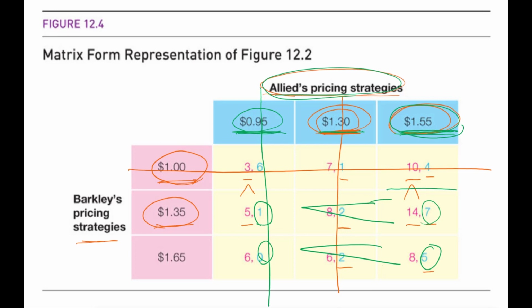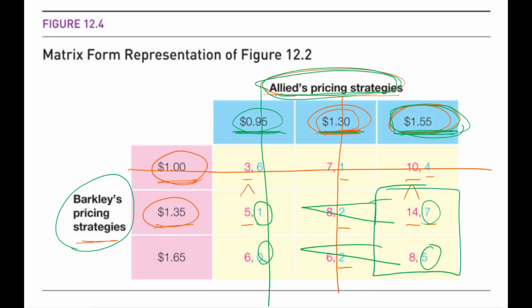So now the game reduced to this 2 by 1 game. So Allied will only play $1.55 that survive all this elimination. Then now Barkley can reason for this reduced game. Now either choosing $1.35 generate 14, or another strategy in this available reduced game $1.65 generate 8, which is worse than 14.